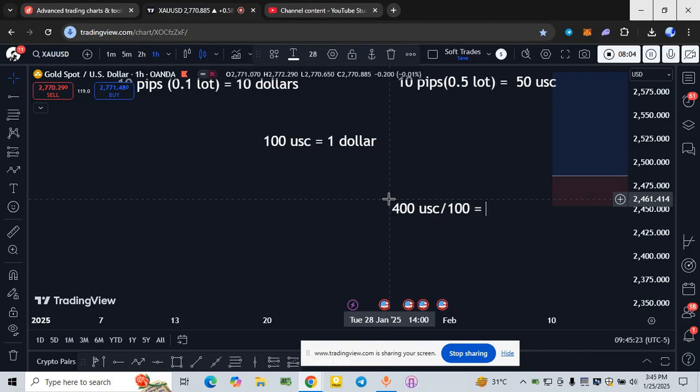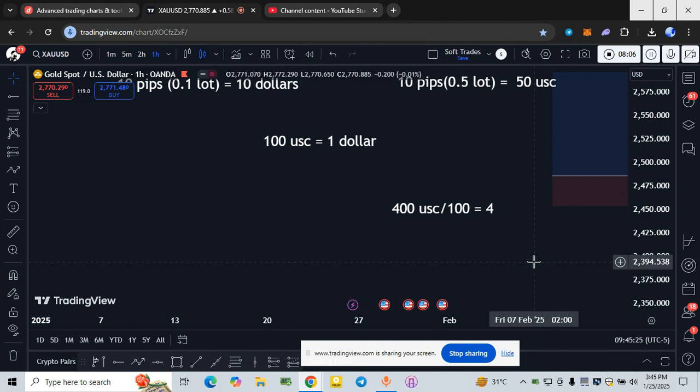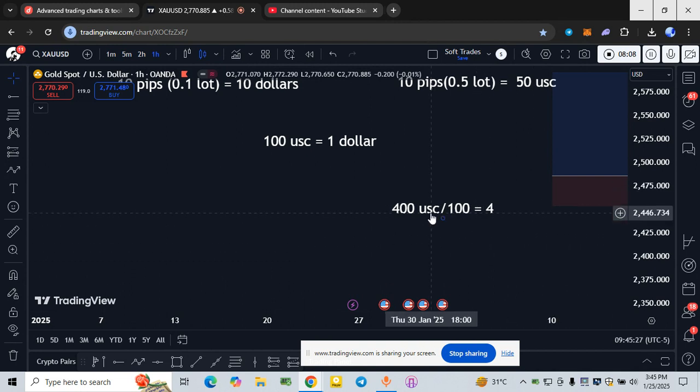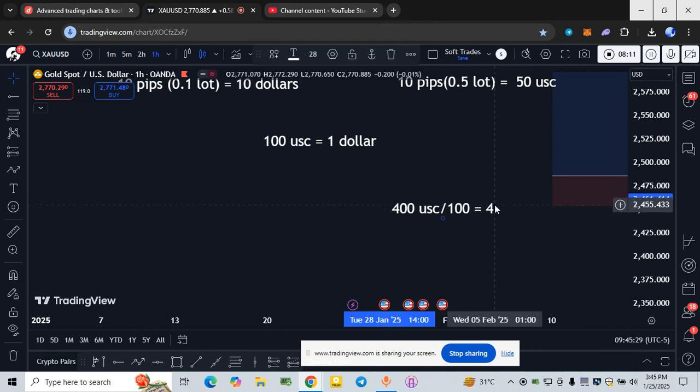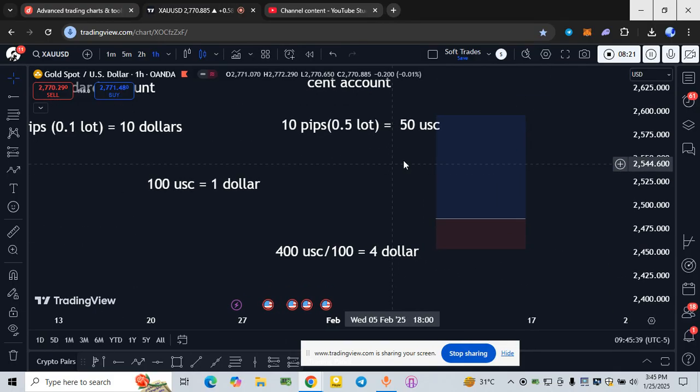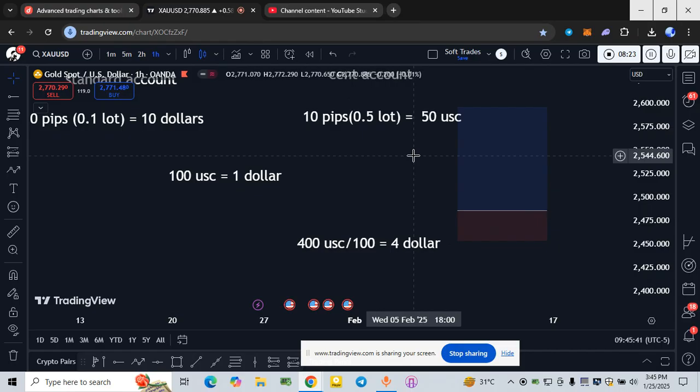Then it will give you 4. So what you actually made in dollar value is $4.